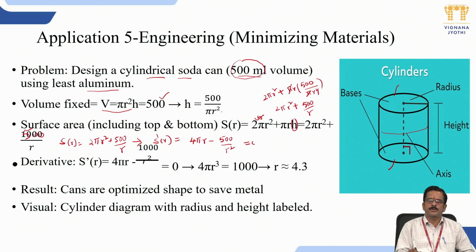Now this equals 0. Then you get 4 pi r cube equal to 500, r cube is 500 by 4 pi, then r equals cube root of 500 by 4 pi.